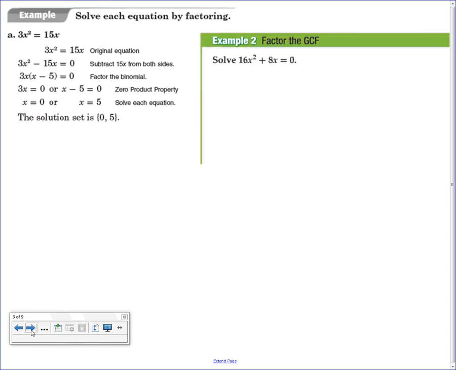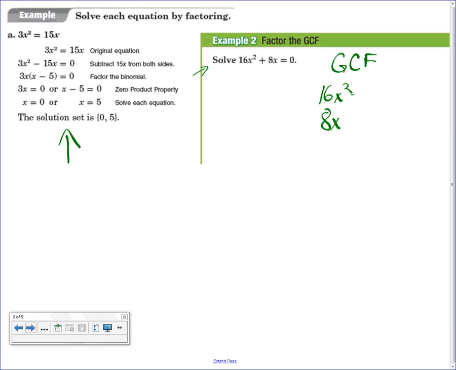Now, when we take a look at how the textbook shows this, that's fine right there. Notice on this polynomial right here, we only have two terms. So step one, when we have two terms, we always want to look for the greatest common factor of the two numbers. We have 16x squared, and we have 8x.